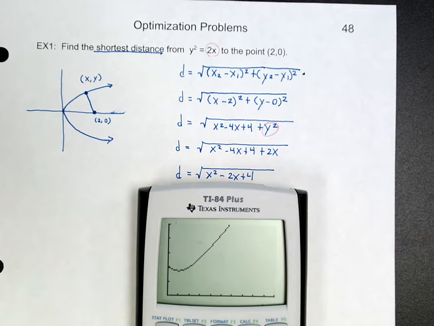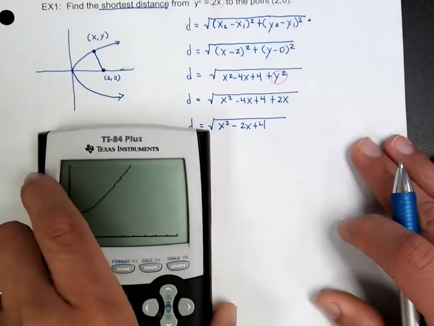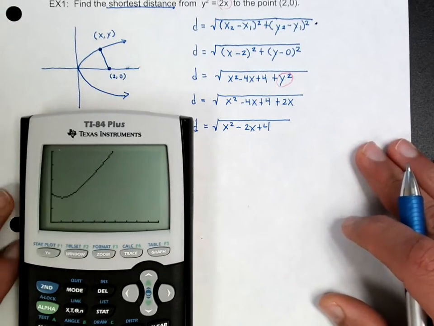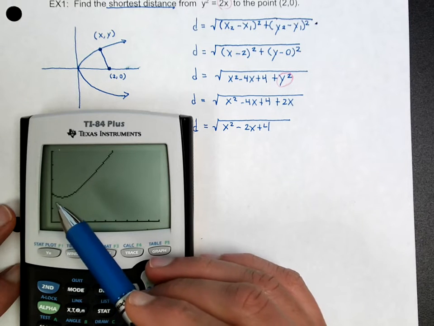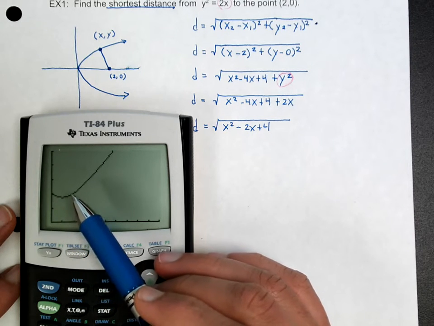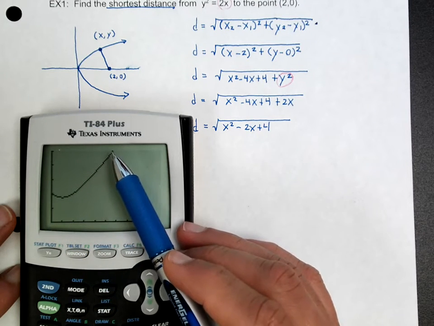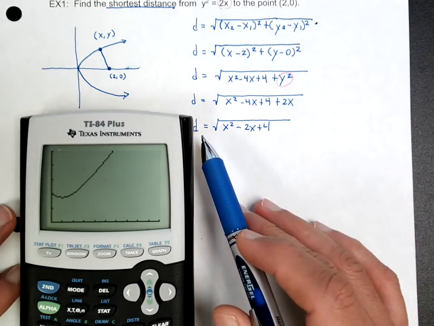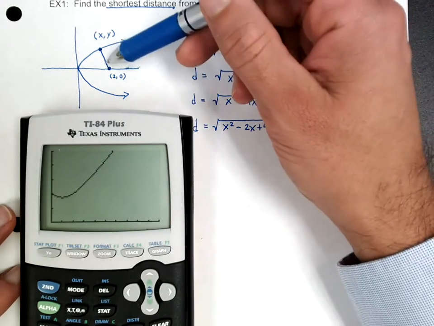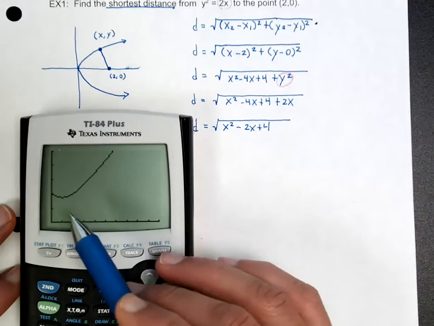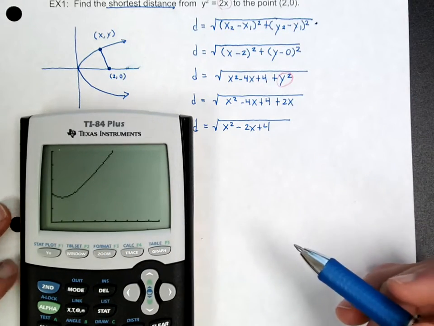If I look at this graph, every y coordinate on this graph represents a distance between that point and that curve. That's what every y coordinate represents on here.